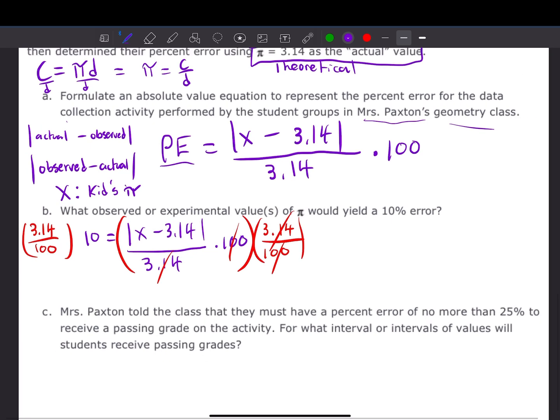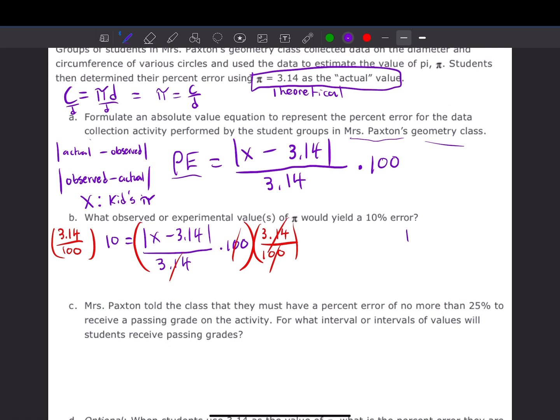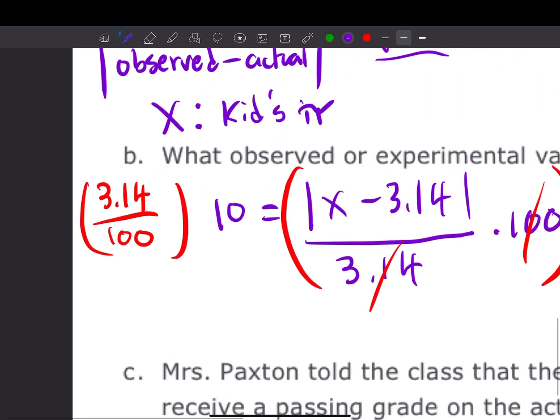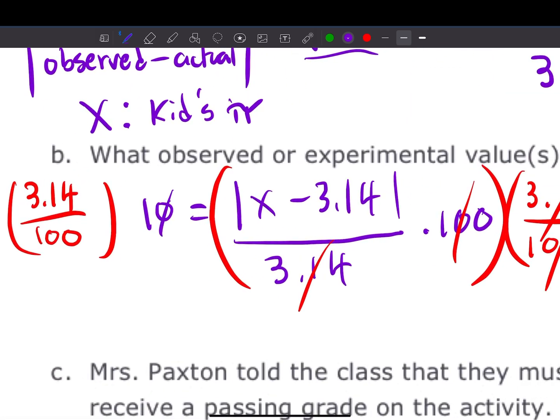And we are left with the absolute value of x minus 3.14 equals, let's see, 10 divided by 100, so the zero's gone. I'm left with 1 times 3.14, so that's just 3.14. 3.14 divided by 10, move the decimal place over 1 time.